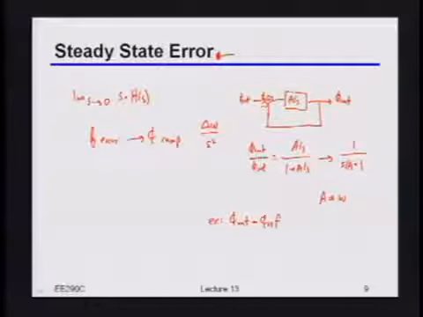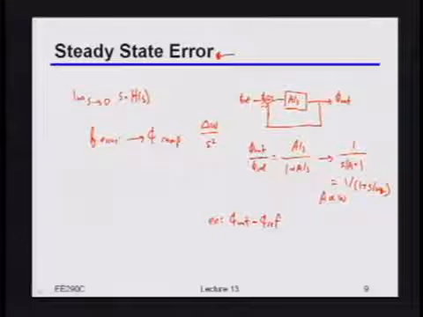Okay, so just to make things a little bit easier, I'm going to assume that my phi out over phi ref is something like 1 over 1 plus s over omega bandwidth. Okay? Because if it's a first order loop, all I really have to say about it is what is the bandwidth of that loop? Because I know that the gain at DC is infinite. There should be no DC error.